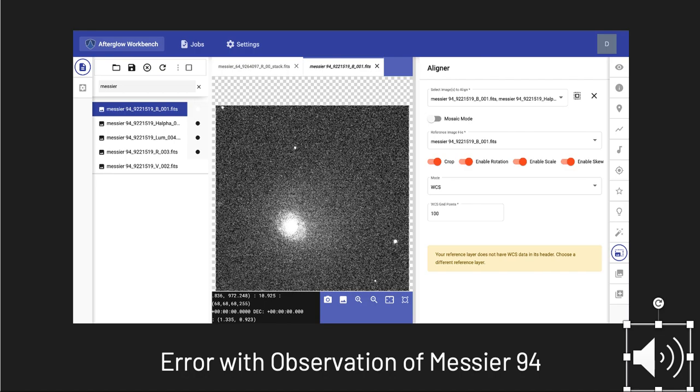And after transporting the images from where we received them on Skynet to our workbench in Afterglow, where we stack and align and color the images, we noticed that there was not a total observing time for each filter, which is normally calculated in Afterglow. And this is because there were some technical difficulties with the observation itself.